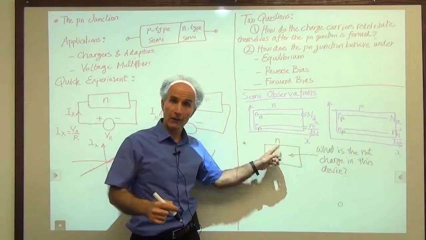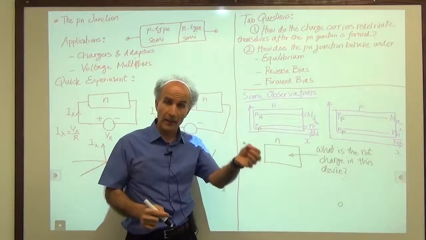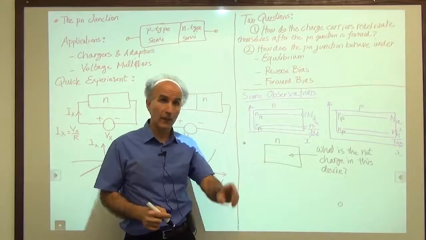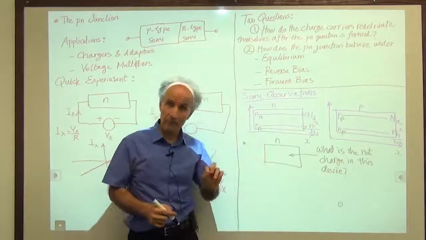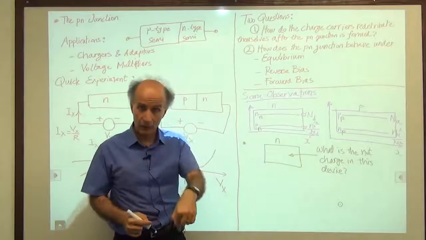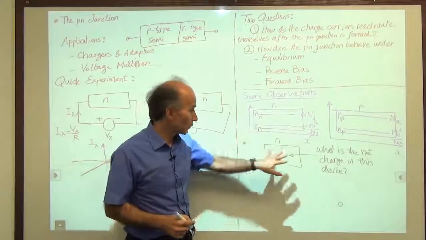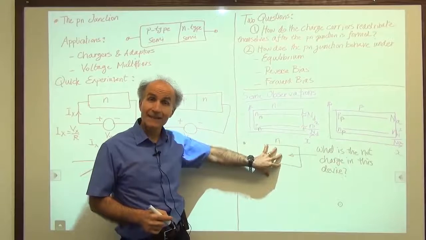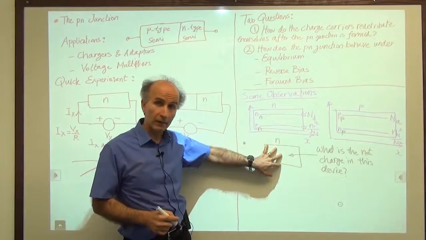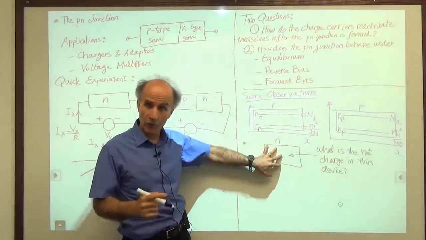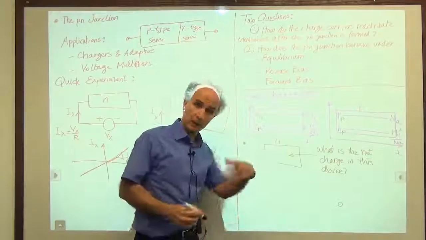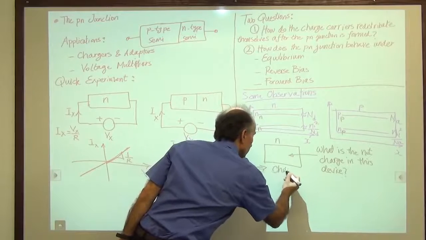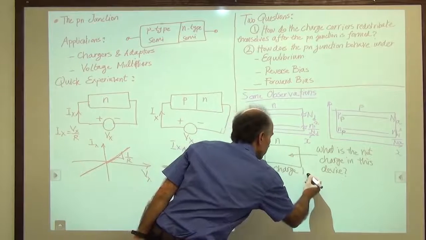So if the electron is available from a phosphorus atom, that phosphorus atom still has a proton inside the nucleus. If the electron came from a silicon atom, that silicon atom still has a proton in its nucleus. So the total charge in this piece of silicon is 0, regardless of the doping level that we have, whether it's doped or not doped, or p-type or n-type. So we say we have charge neutrality.